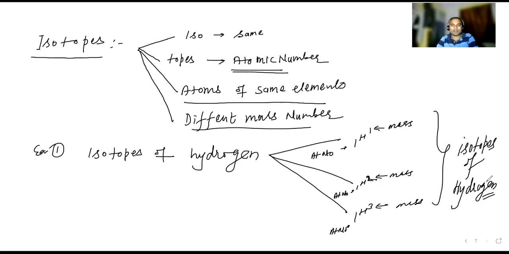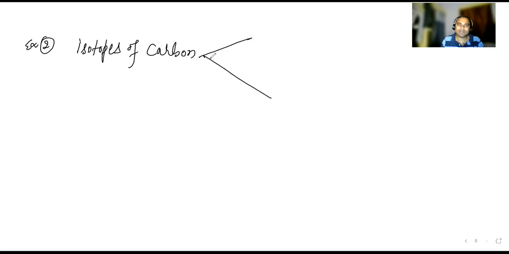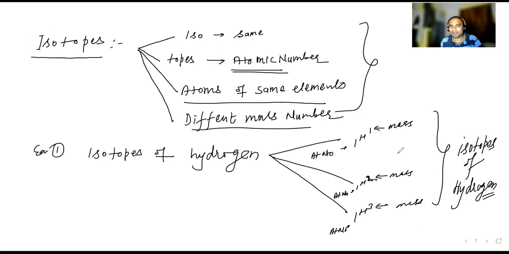Done. Now, example number 2. The hydrogen isotopes have names. Mass 1 is called protium.